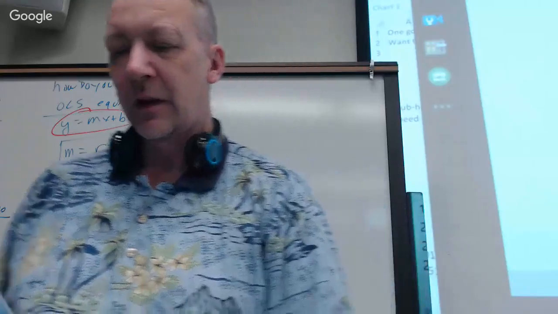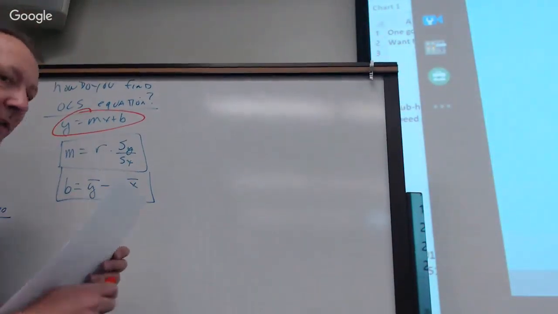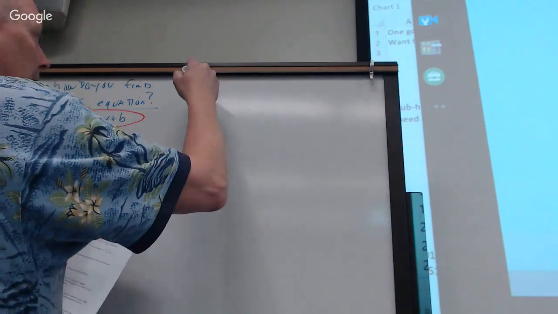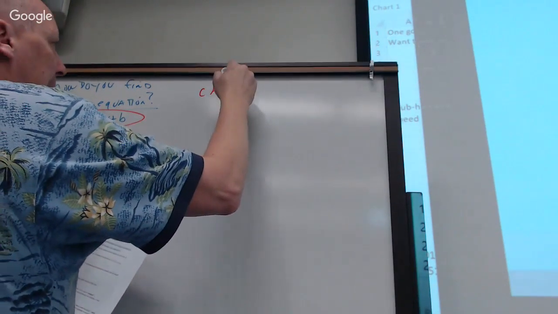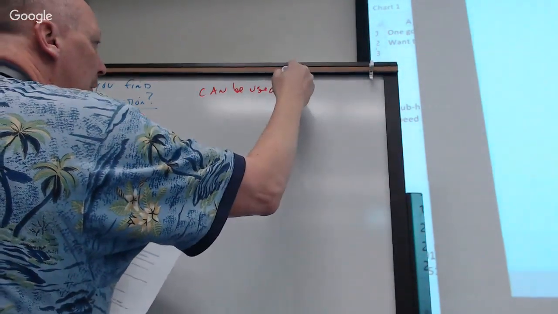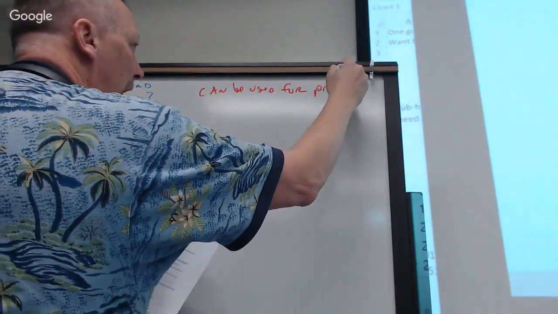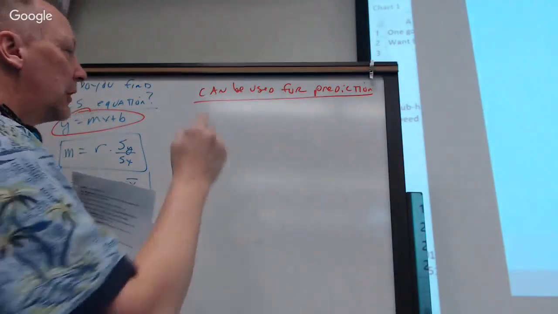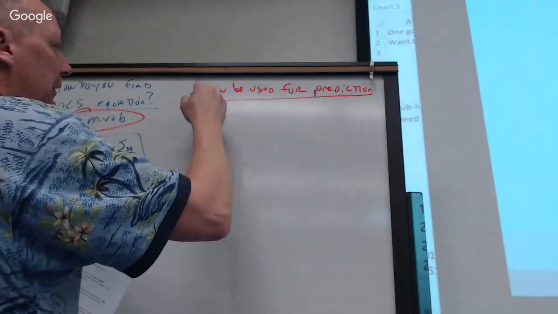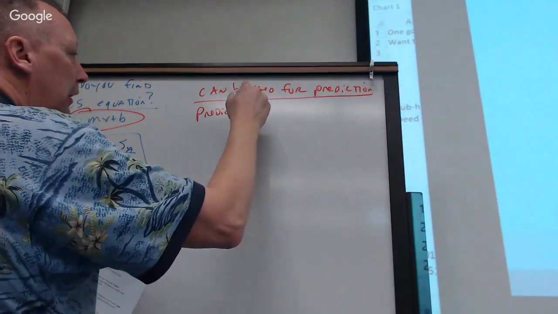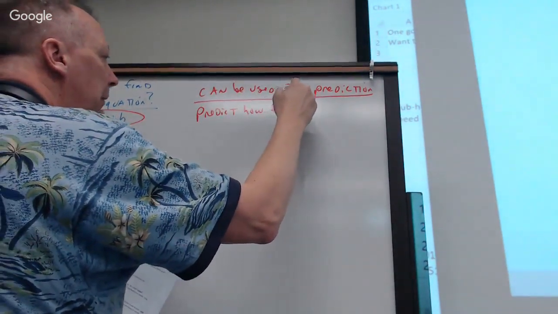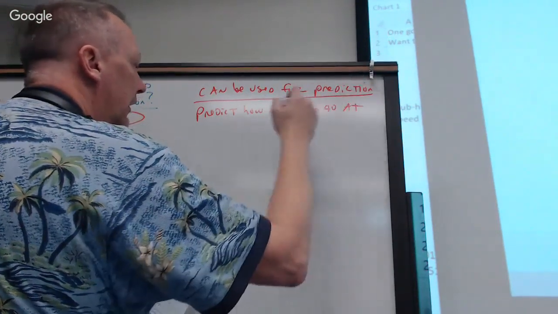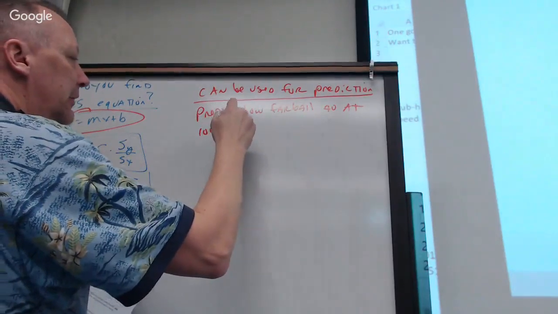Okay. All right, so some things to remember about regression. So it can be used for prediction. For example, you could predict how far a ball would go at a 104 miles per hour swing.